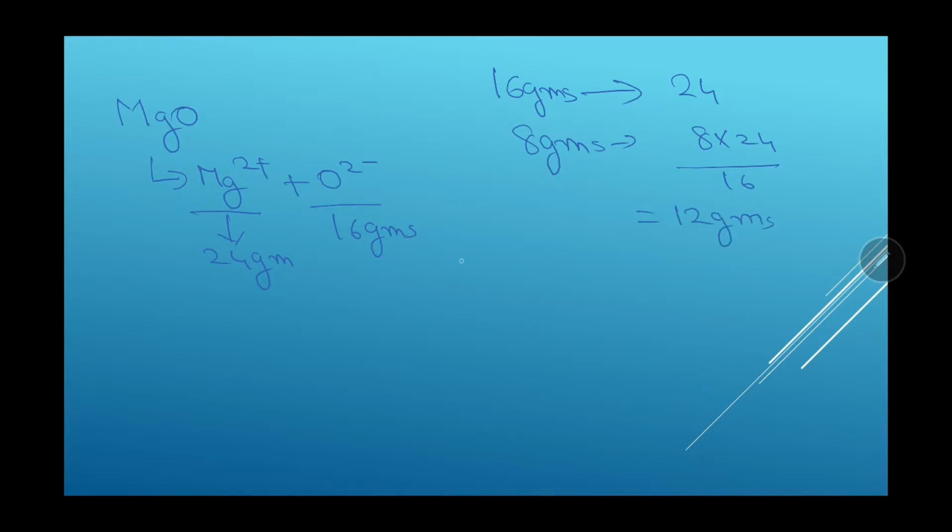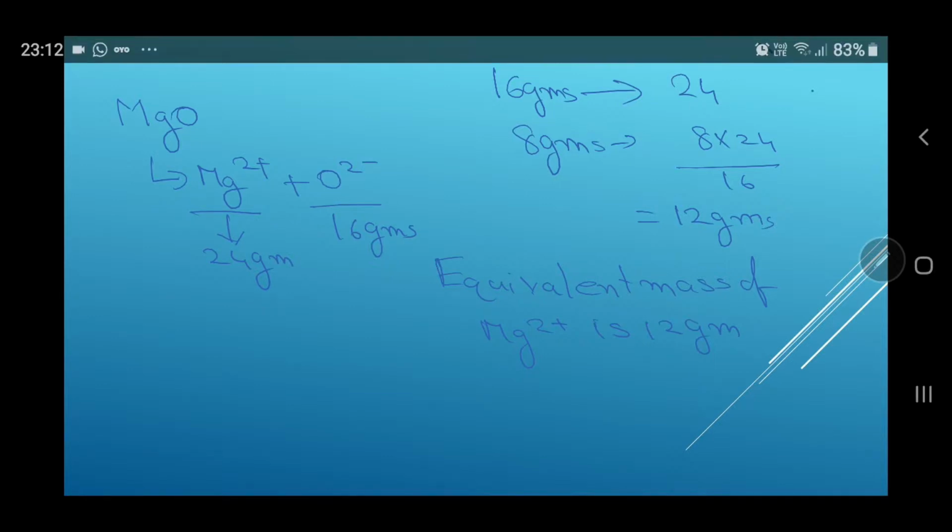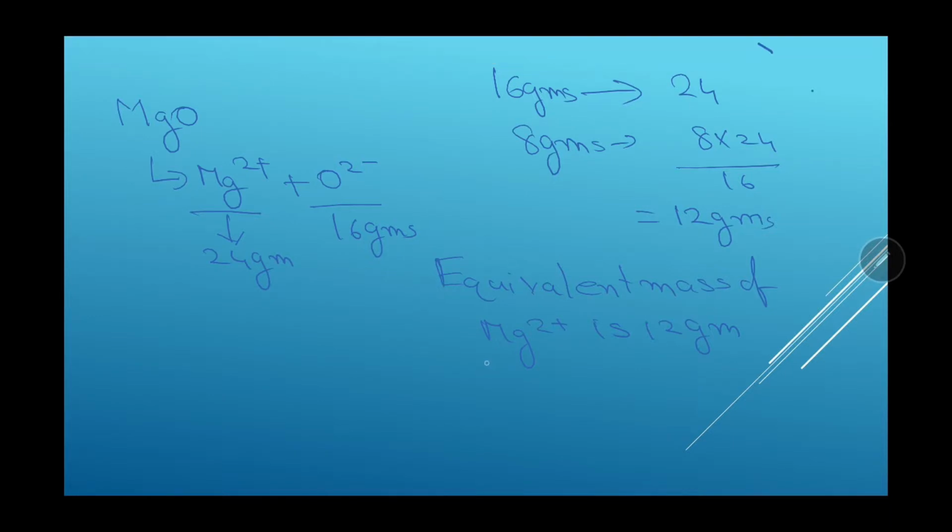So remember that the equivalent mass of Mg2+, not MgO but Mg2+, is 12 grams. So remember this, that this is just Mg2+ and not MgO.